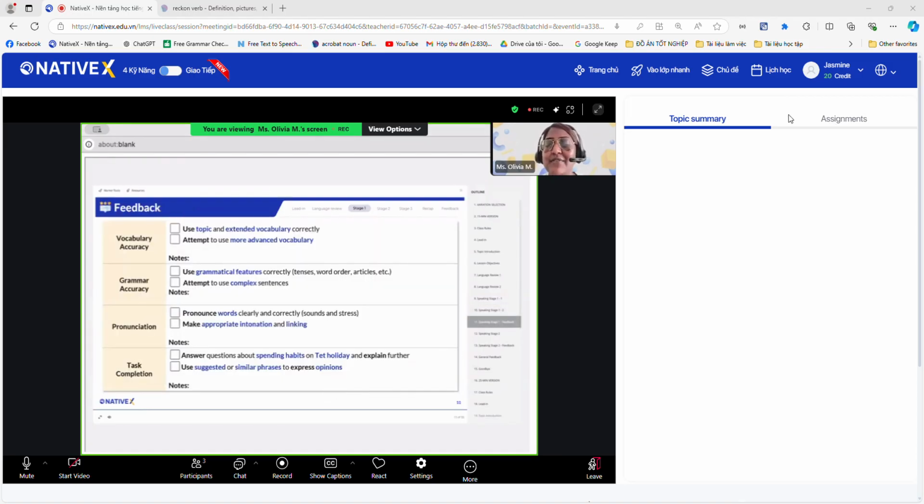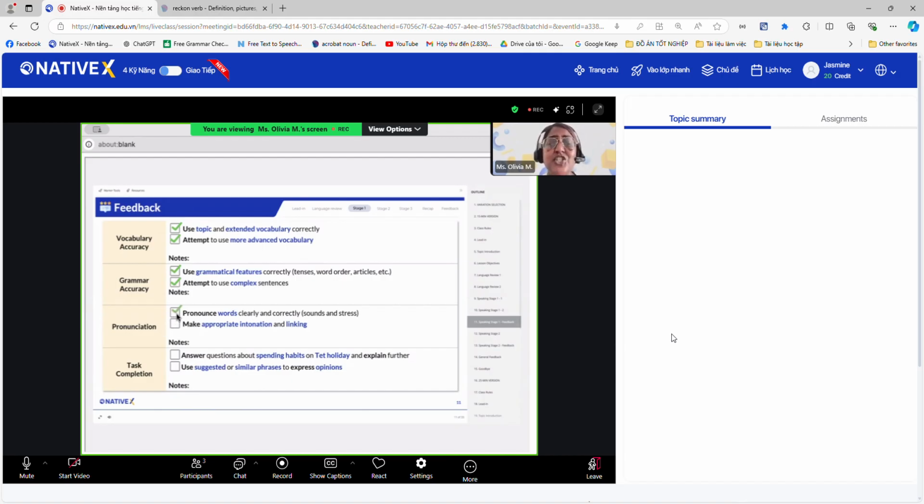I want to go through some feedback with you now for your first speaking activities before we move on to your next speaking activity. Your vocabulary accuracy was lovely, and your attempt to use advanced vocabulary. Nice grammar. You use grammatical features correctly. Your tenses and word order were very good.